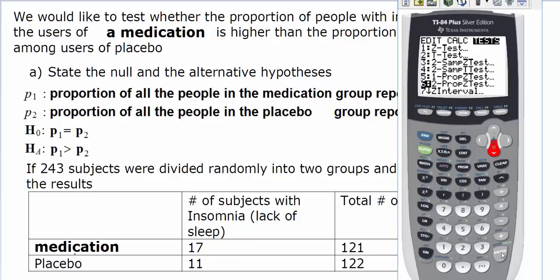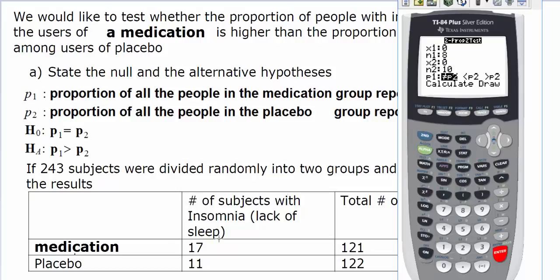So here we have two proportion z test, and we got x1, that is our group 1, the medication group. So I have 17 here. Then how many total? 121. Then in x2, what I have is 11, and what is my total? 122, right?